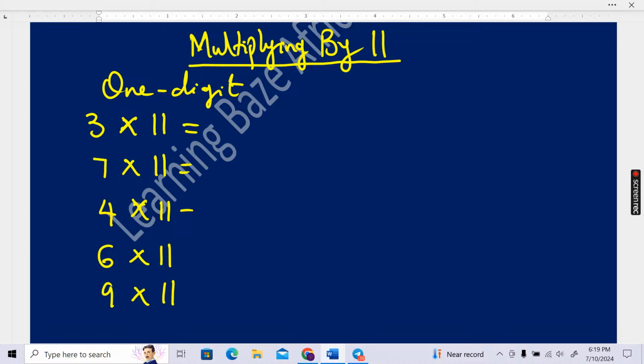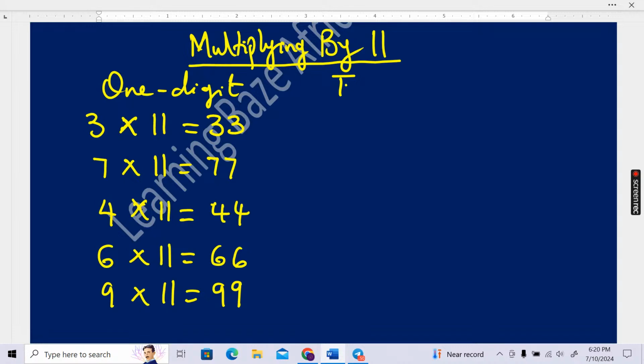So the answers to the ones on my screen: 3 times 11 is 33. 7 times 11 is 77. 4 times 11 is 44. 6 times 11 is 66. 9 times 11 is 99. That is the one digit trick.